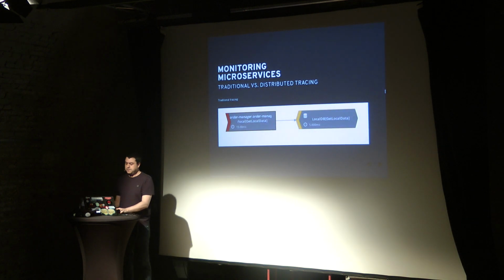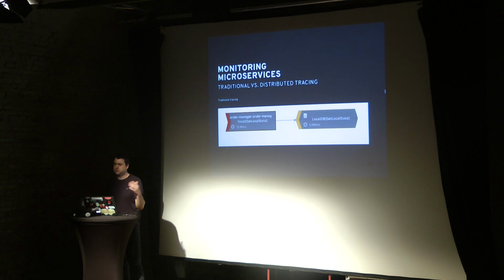Now, traditionally, tracing is very simple. It might start as just printing stuff to a log file, but it might also be a server somewhere that receives captured data from a proper tracing library, things like New Relic, things like AppDynamics, and so on.